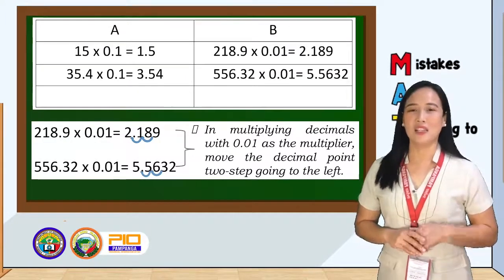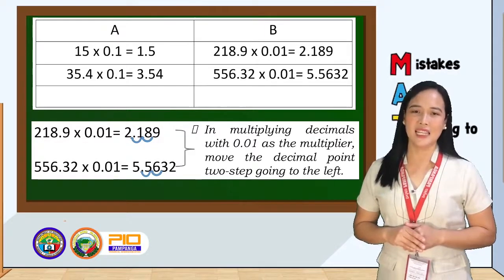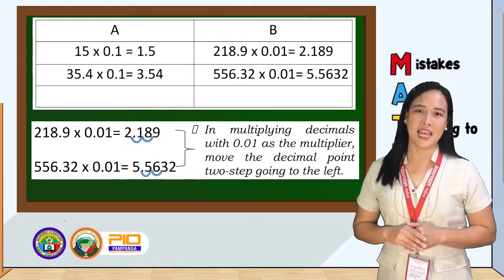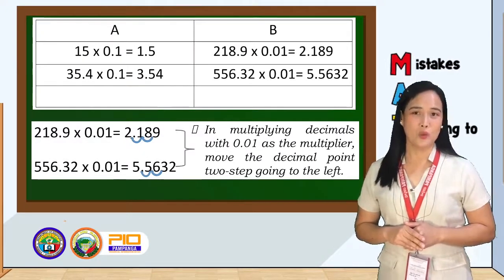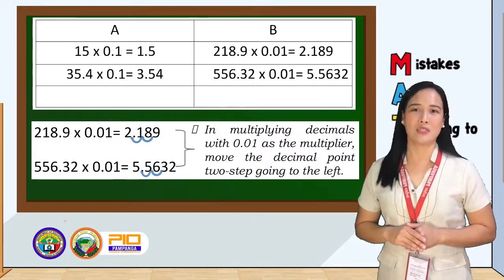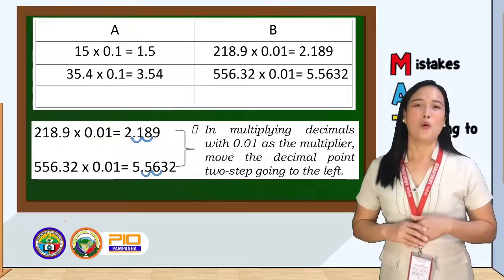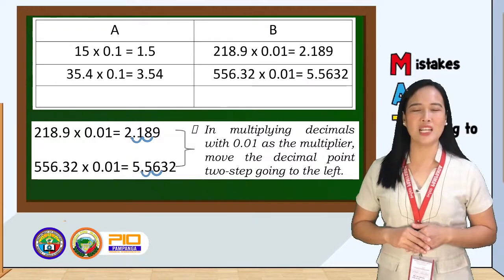Let's take a look at the first equation. 218 and 9 tenths times hundredths is equal to 2 and 189 thousandths. Notice, we simply move the decimal point 2 places going to the left.